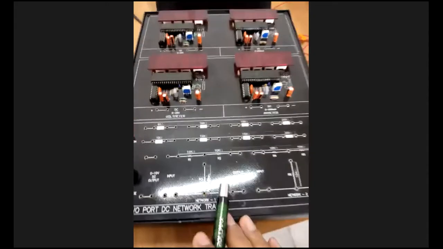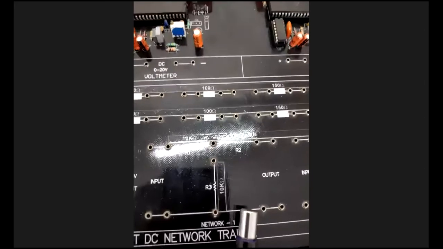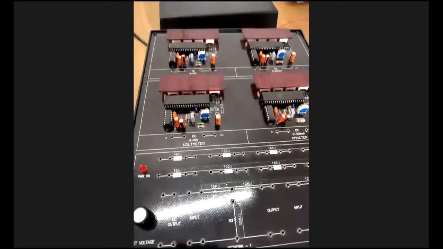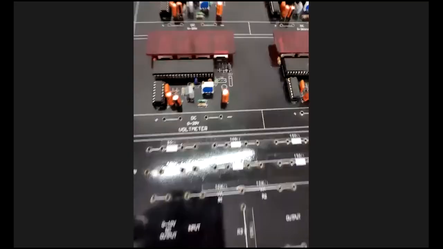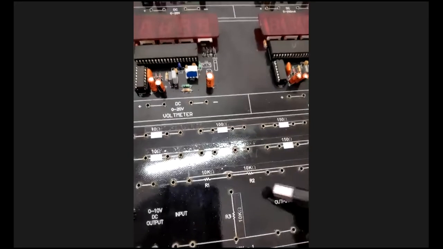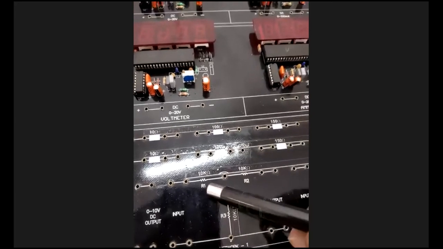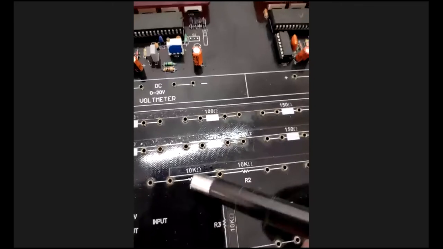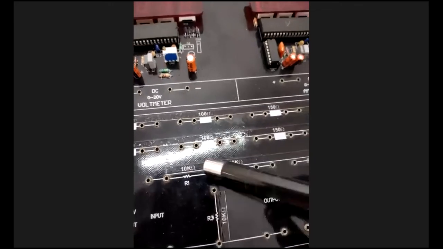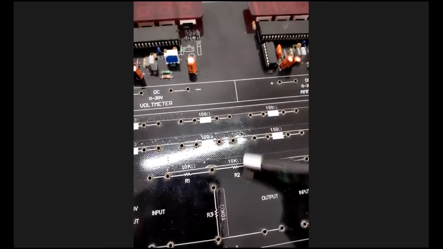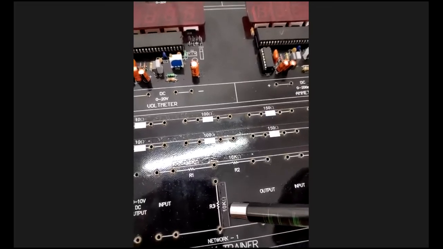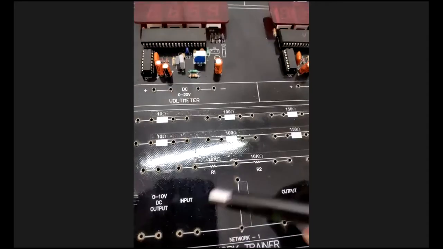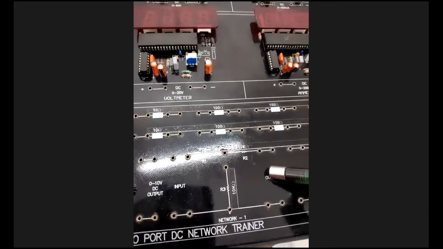Here is our experimental circuit. In our circuit, R1, R2, and R3 resistances are there. The rating of the resistances is also written: 10 kilo ohm, 10 kilo ohm, and 10 kilo ohm. Okay, and this is the input and output of the circuit.